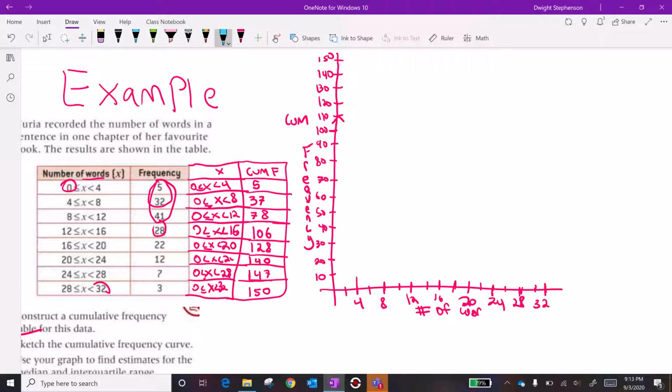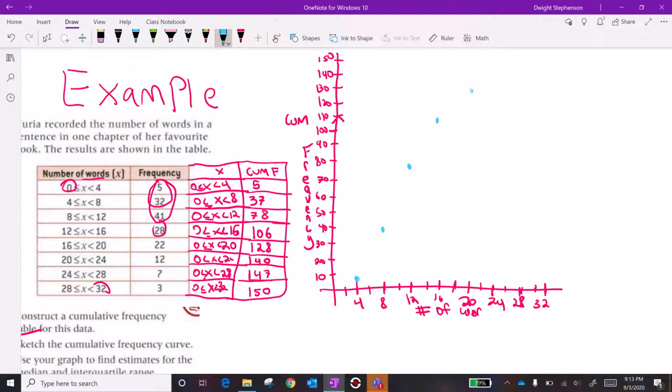Okay, 4, 5, 8, 37, 12, 78, 16, 106, 20, 128.